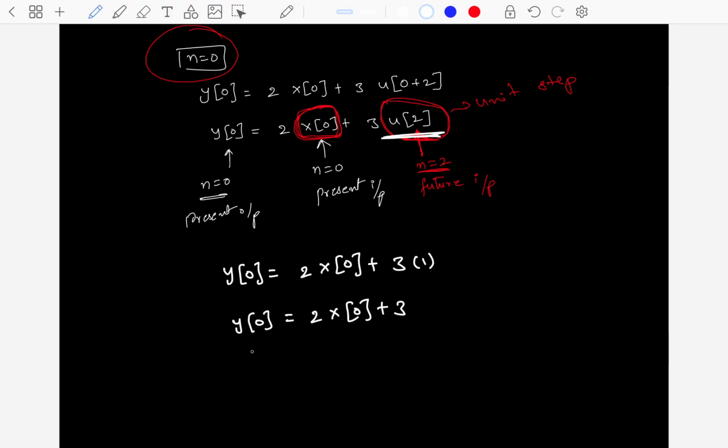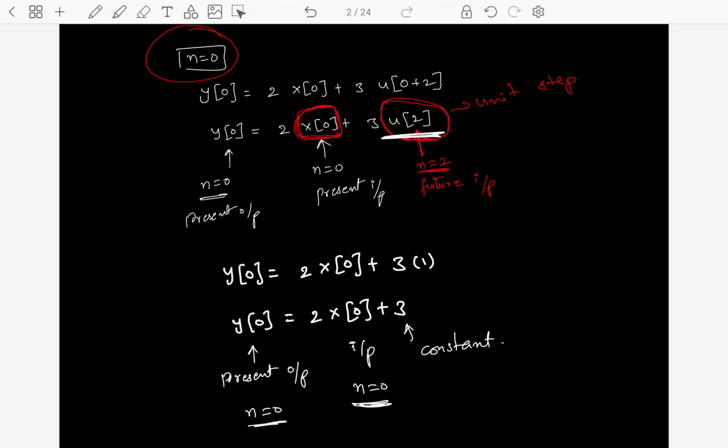By seeing this, we can conclude that the present output at n is equal to 0 depends on the input at n is equal to 0, which is also the present input, and the rest is constant. So we can conclude this as a causal system.